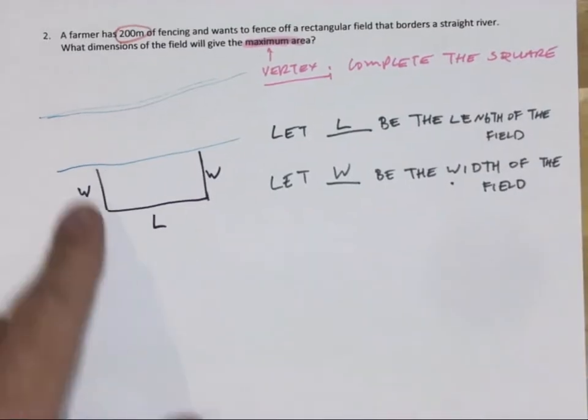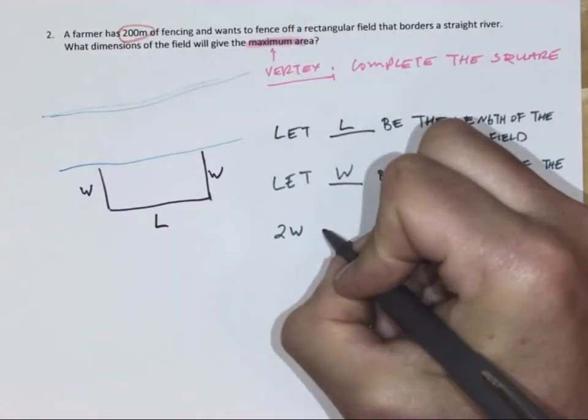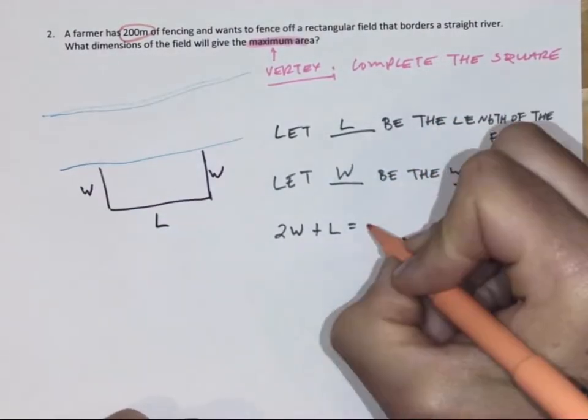So, if that whole thing is going to be 200 meters, there's our first equation. 2 W's, 1, 2, plus a length is going to equal 200 meters.